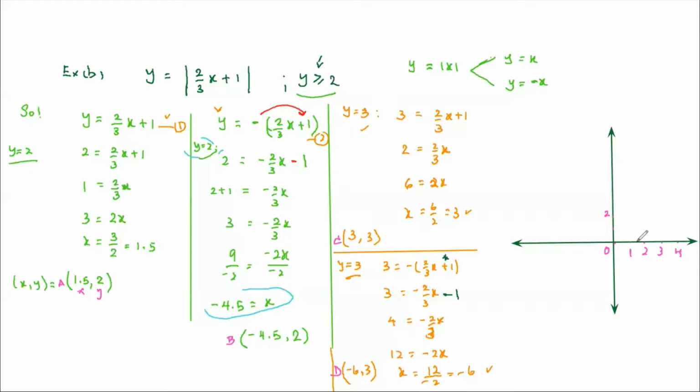So 1.5 about here. So they meet about this point. So this point represents x 1.5 and y equal to 2. Okay. Now this is the coordinate A point.